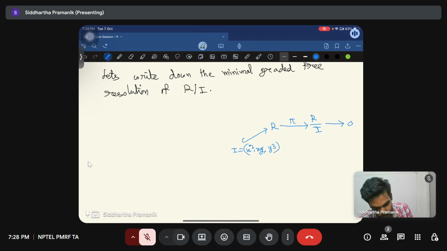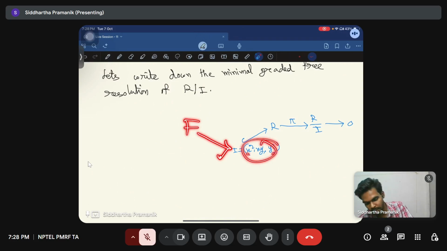So we need some free module here, and we need to surject it here. So we have three generators. So let's take R3.